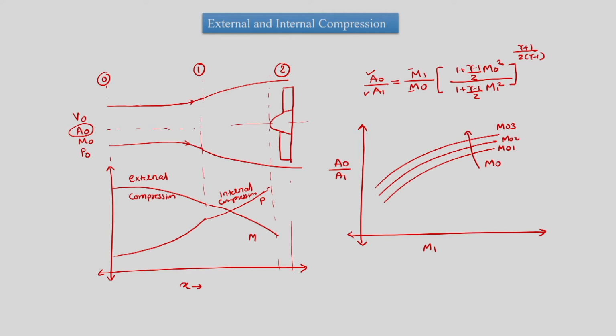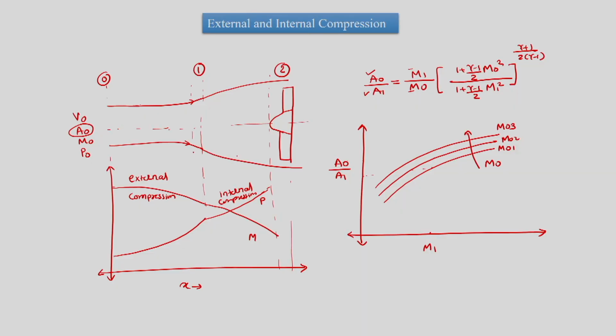So, for a given M naught, which is the free stream Mach number, and given M1, we have this much area ratio for A naught upon A1, that is for given A1, we will get this much of A naught. Now, if we increase the free stream Mach number, then we will get more captured free stream area or more captured stream tube area. This is how we will interpret this curve.